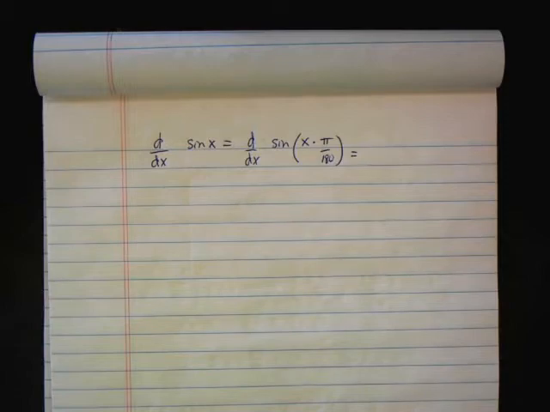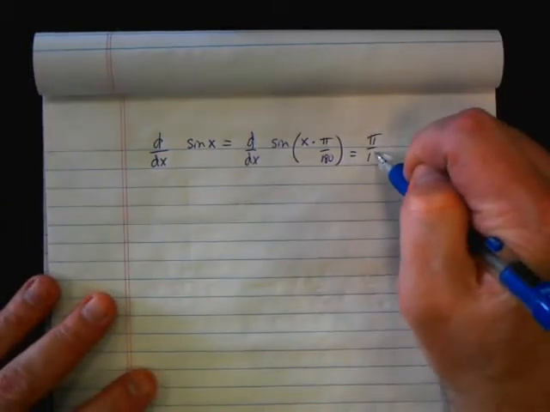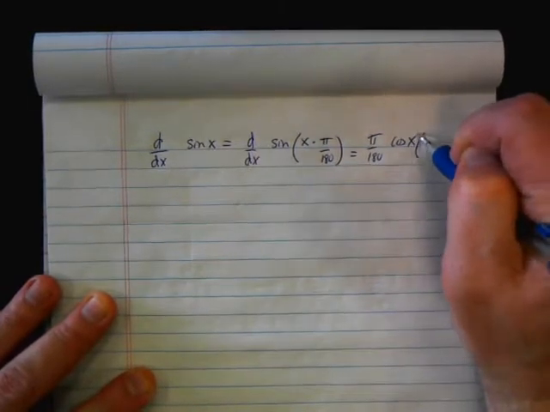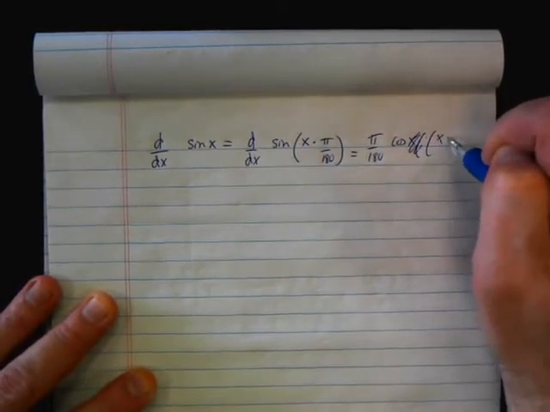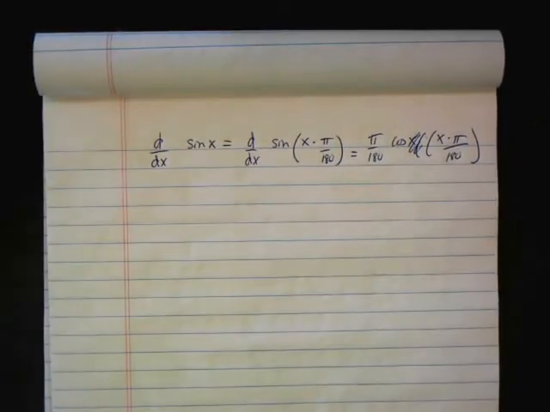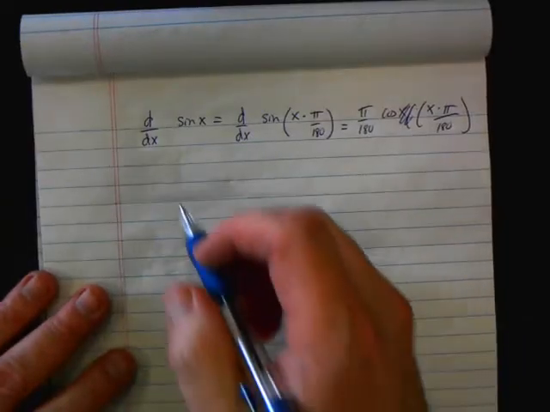Pi over 180 cosine. It would be that. So there's the formula you would have to use. Not as pretty, is it? Radians are better.